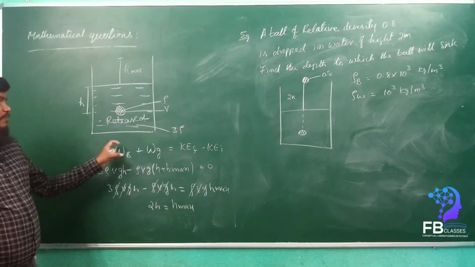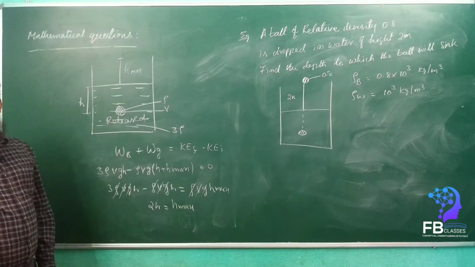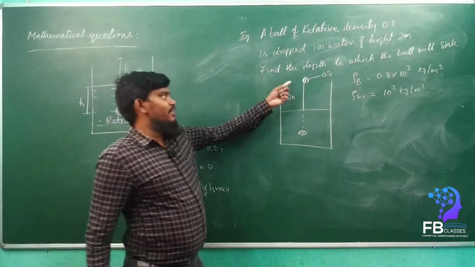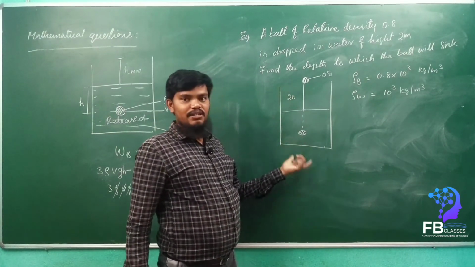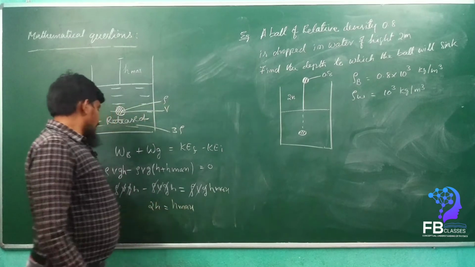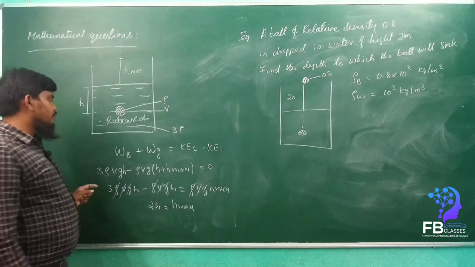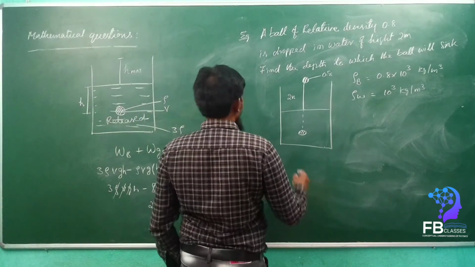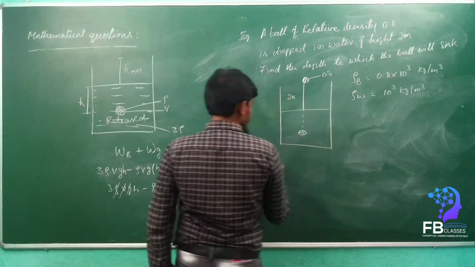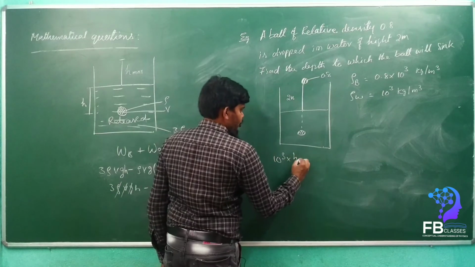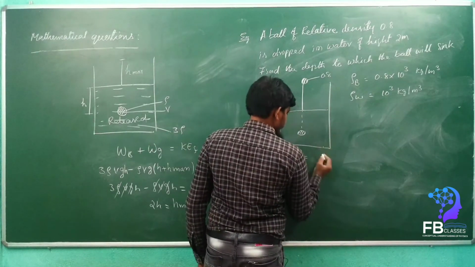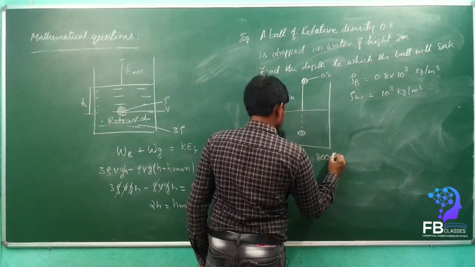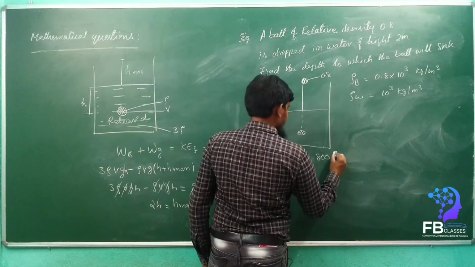Work done by buoyancy plus work done by gravity is equal to the change in kinetic energy. The initial kinetic energy is 0, and the final kinetic energy is also 0. So here the work of the buoyancy force is 10 cube into h, and the ball's density is 800.